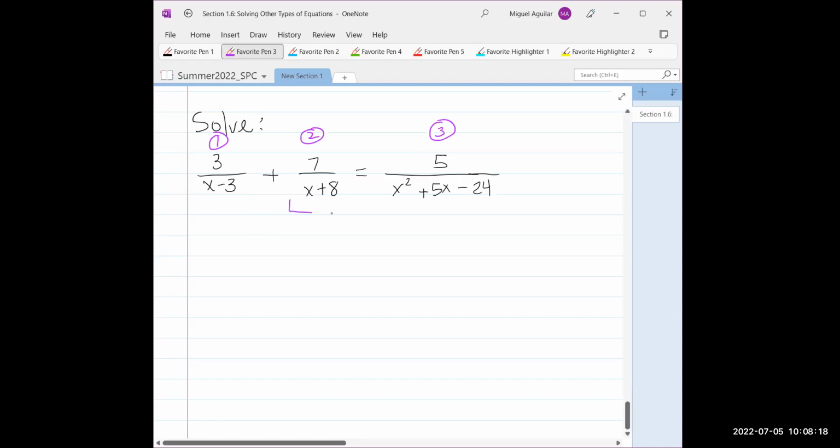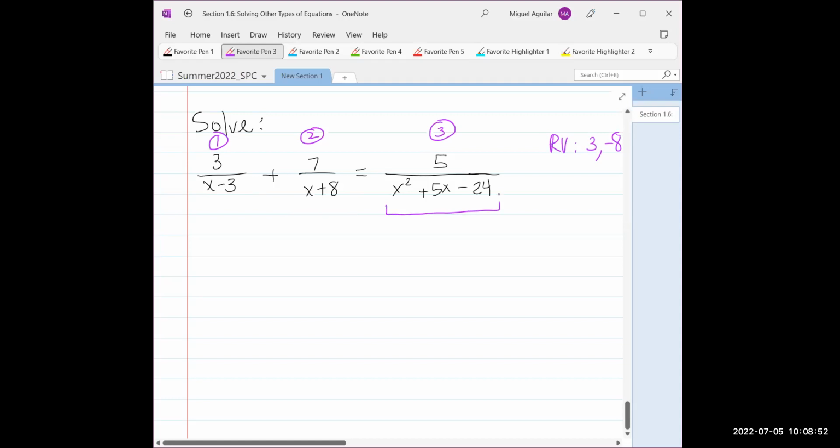For the second term, what is its restricted value? -8, right? So what I'm trying to train you to do is, for these simple denominators, you can sort of eyeball them and find the restricted values. So right off the bat, the restricted values should be 3 and -8, because if we plug them in for x, they are going to give us problems.